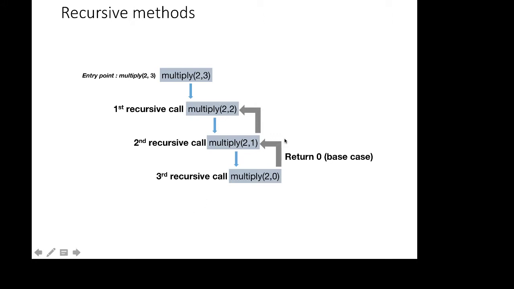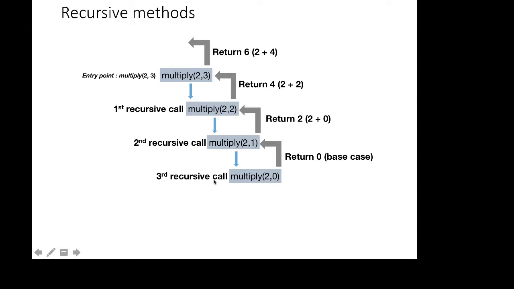Then the second recursive call will also return. So it will return 2 because it summed 2 plus 0, which is equal to the first recursive call, which will also return 4, that's 2 plus 2. And the entry point will also return 4 plus 2, which is equal to 6. And this is the depth of my recursion.